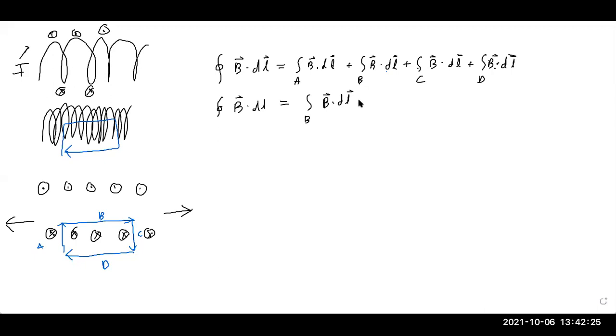So this becomes magnetic field times length. And the amount of current that is contained, well, that's going to be how many wires pass through here, or how many loops we've enclosed, times the current per loop.